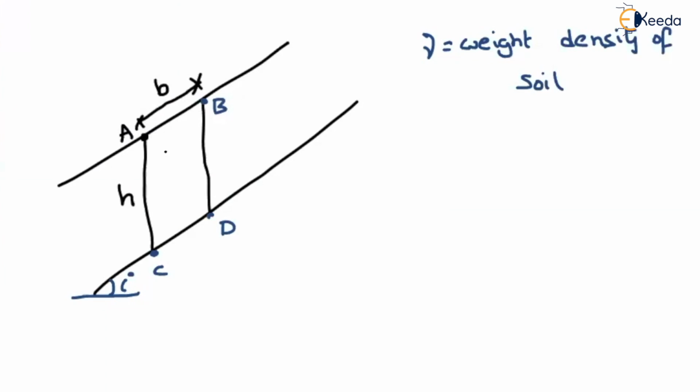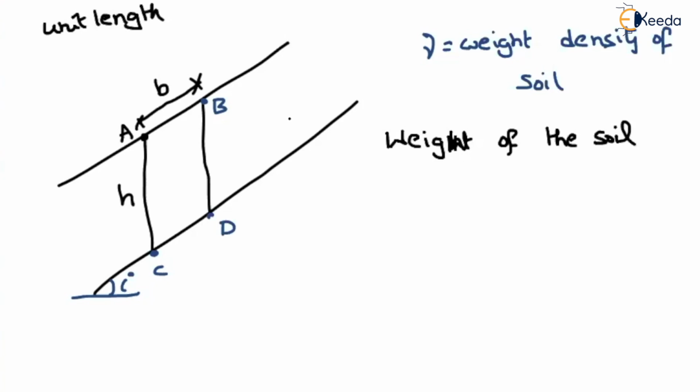Now what about the weight of the soil? Here we are representing an element in 2D, but in reality if you want to find the weight, it should be in a 3-dimensional way. So that's why I am considering unit length.